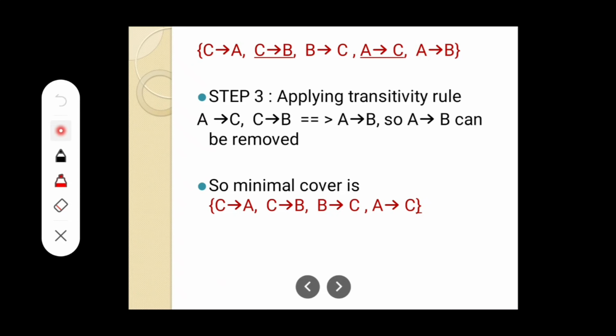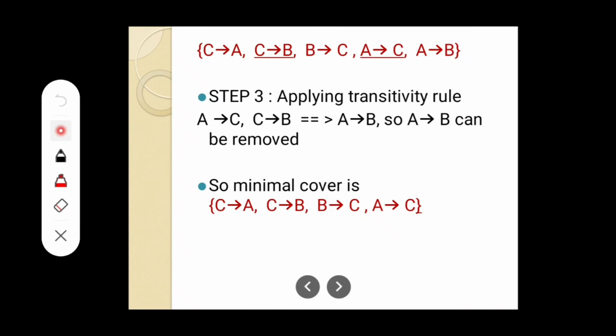Yes, we have A determines B. Okay, so these two can be replaced with this. So A determines B can be eliminated. Remove this A determines B and we have written the minimal cover. Okay, here C determines A, C determines B, we wrote that, B determines C we wrote, A determines C, and A determines B we removed. Okay, so this is the minimal cover.